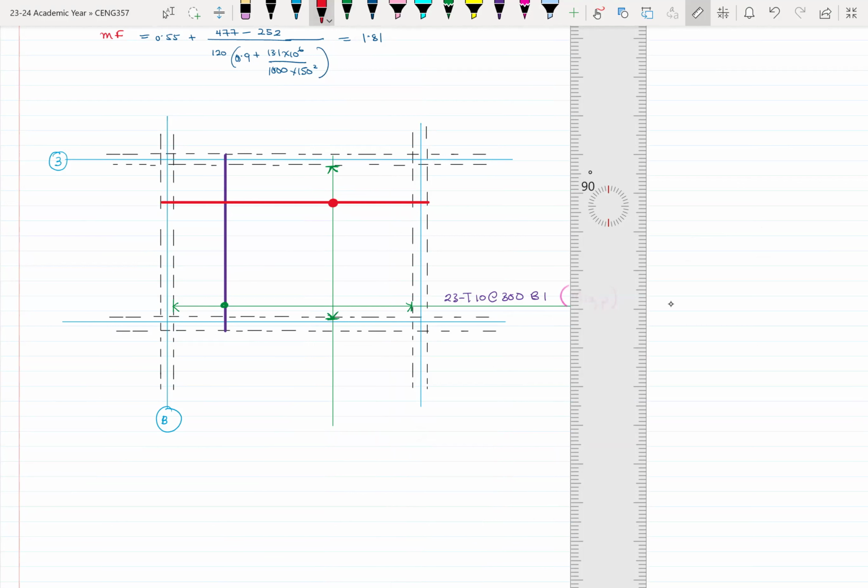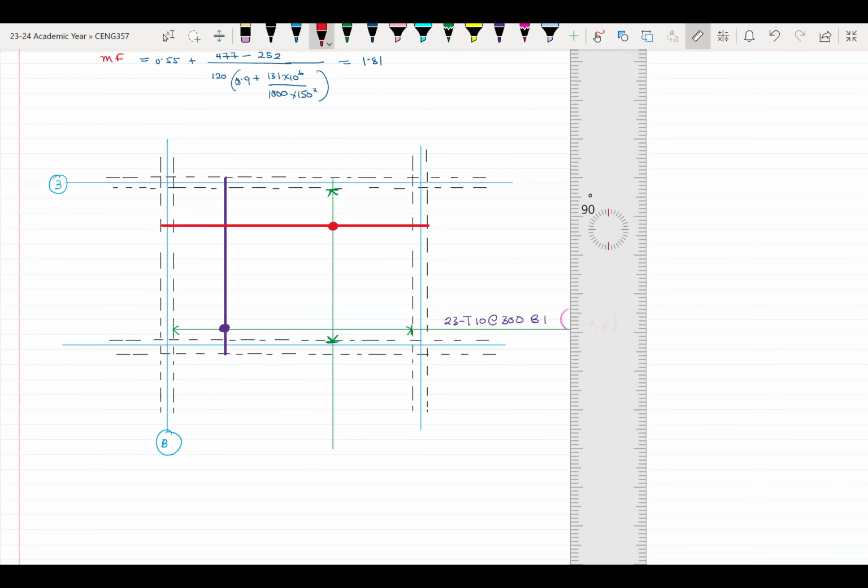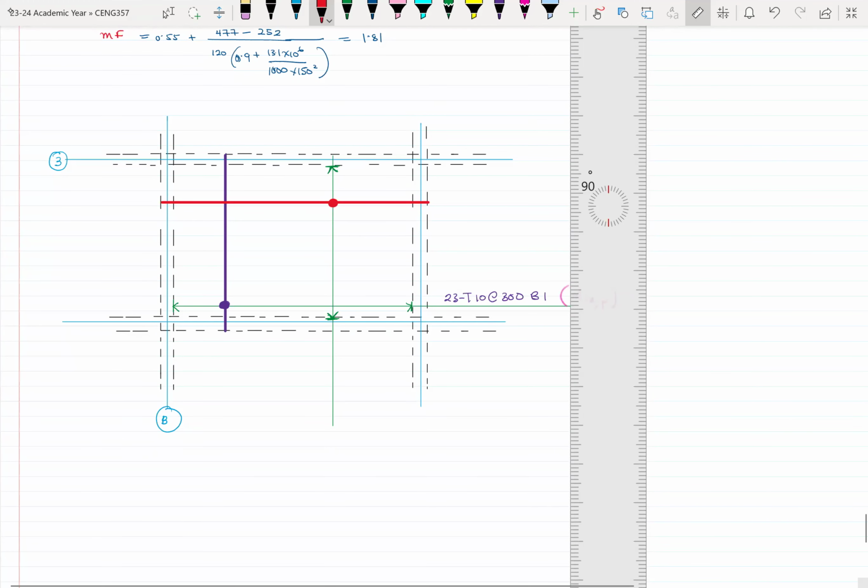Okay, and then this one. So that at least we know what we are dealing with. So here too, if I label it nicely, this is T10 at 300, B2, and there'll be 17 of them if we do the math.